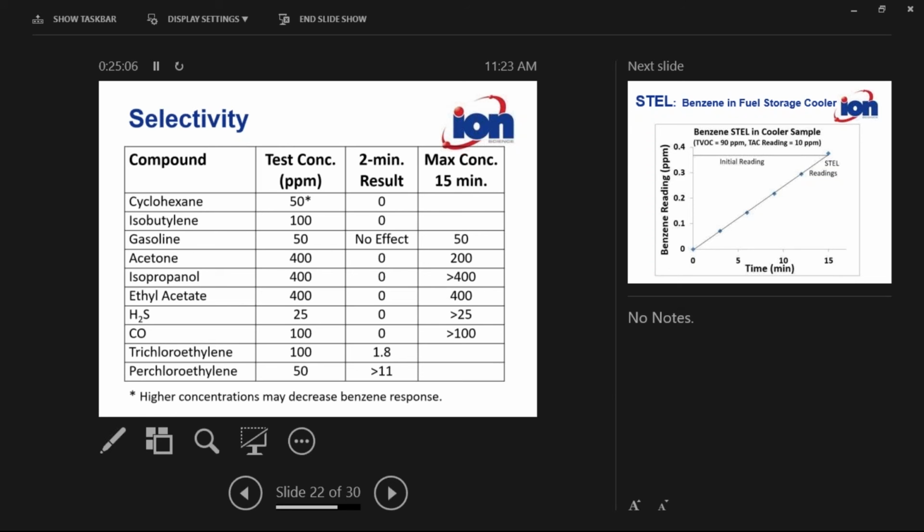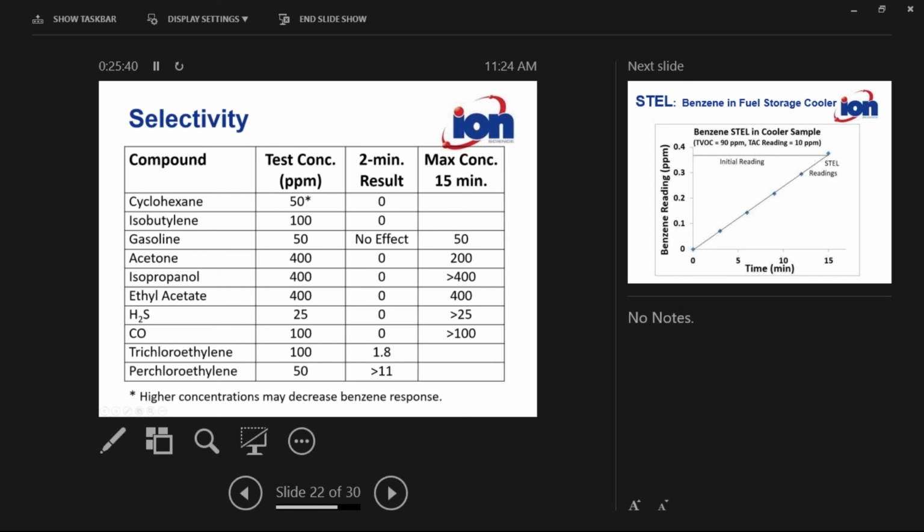Other solvents that might be present due to cleaning, your acetone, isopropanol, ethanol, not listed here, but again, those are all absorbed in the tubes, and you can have very high concentrations and still go for over a 15-minute spell. Some compounds present in confined space entry situations like H2S and CO also have no effect. They just weren't tested at higher concentrations to know how much they can tolerate.